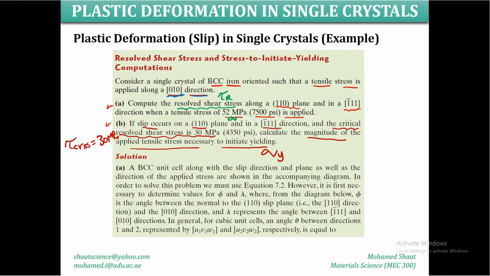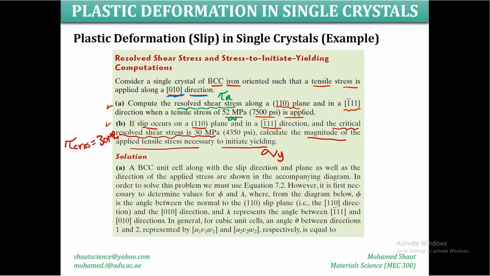But we didn't do this here. We have done it for only one slip system. So he assumed in requirement B that the slip system is going to take place over the 110 plane and the -111 direction. This indicates that we assume this slip system is the one that is going to give the maximum resolved shear stress.